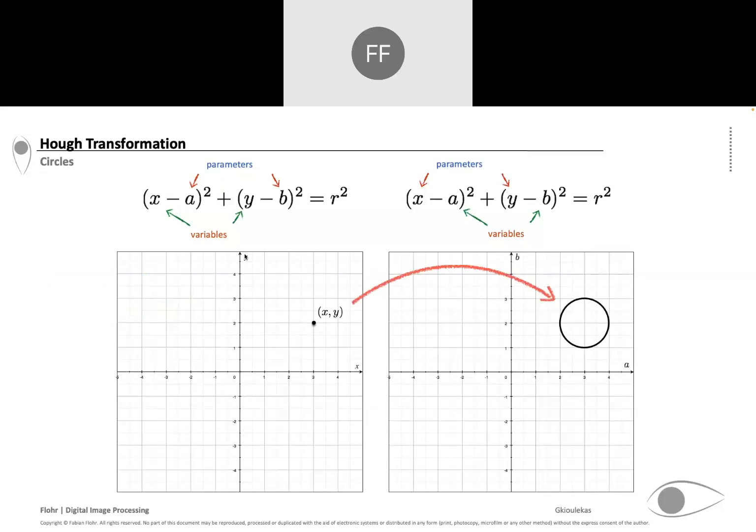A circle. Yeah? So the points here on the circle are all circles which pass through that point, all circles with the parameters passing that point here. Another point here, another point, and you now immediately see this point. This intersection of all the circles in parameter space is what in image space?